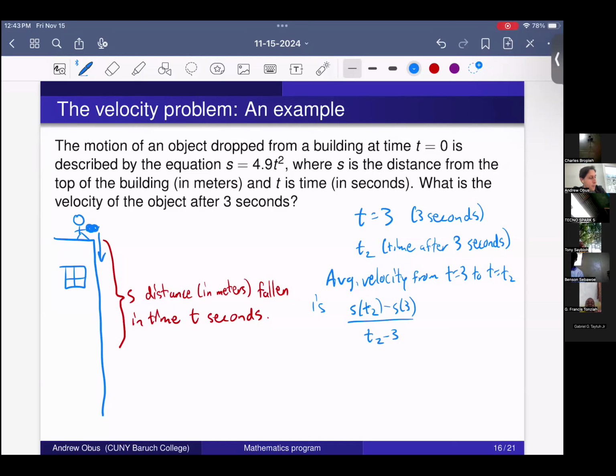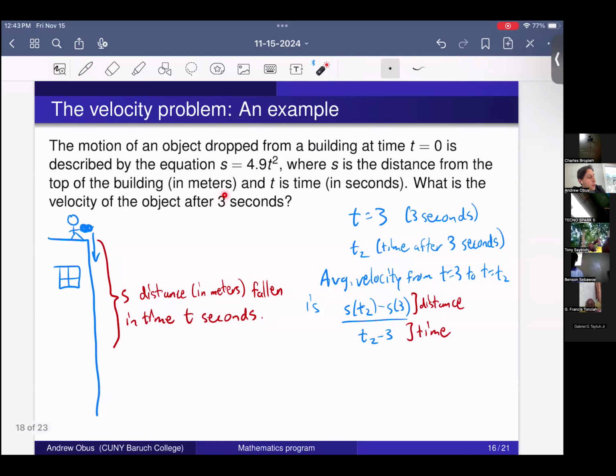This is exactly what we have from the previous page. This is the distance that it travels, and this is the time. It's the position at t2 minus the position at 3, divided by t2 minus 3. This is how much it travels between 3 and some other time t2.